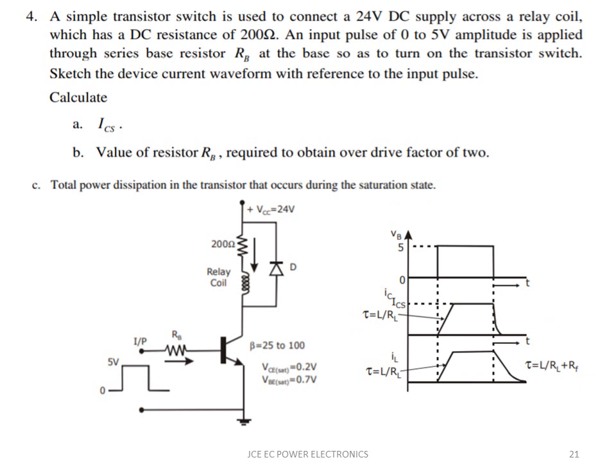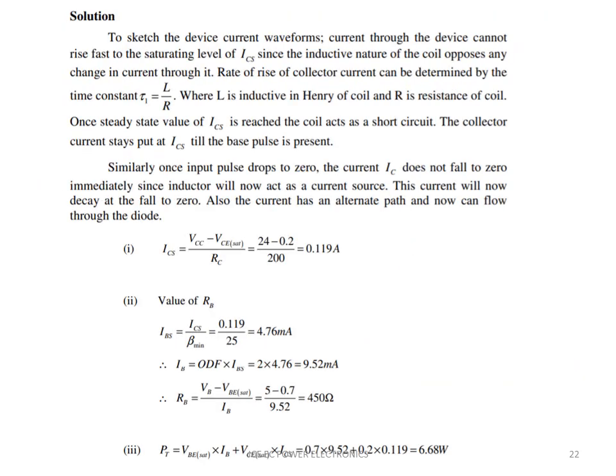Next is ICS. What is the ICS value and what is the RB value? For that, the sketch and explanation is given here, I'll not repeat it. So ICS will be equal to VCC minus VCE SAT divided by RC. VCC is 24 minus 0.22 divided by 200.